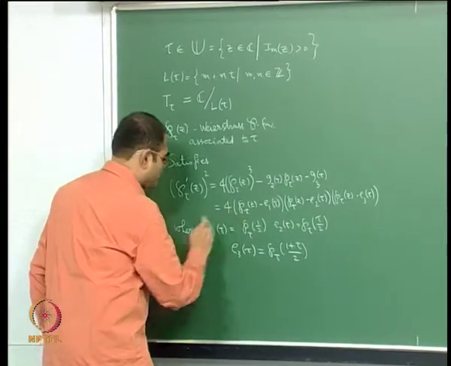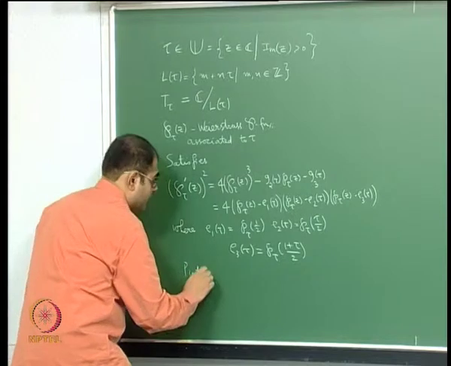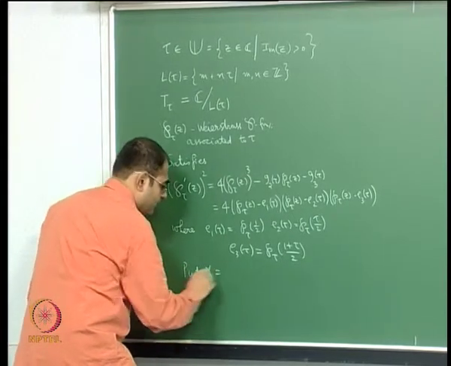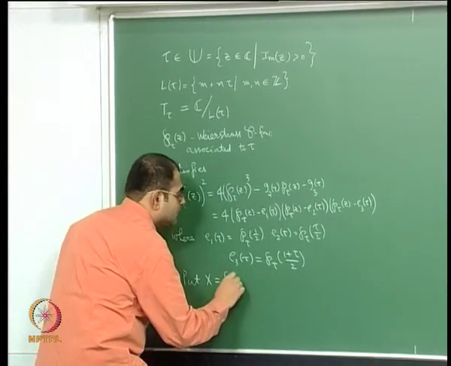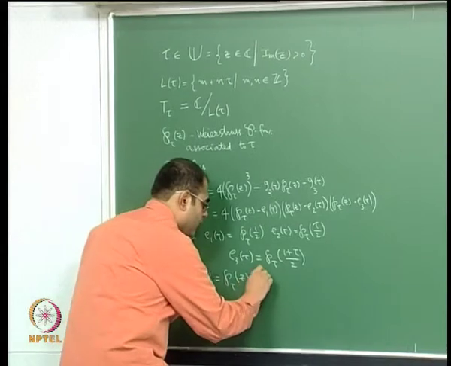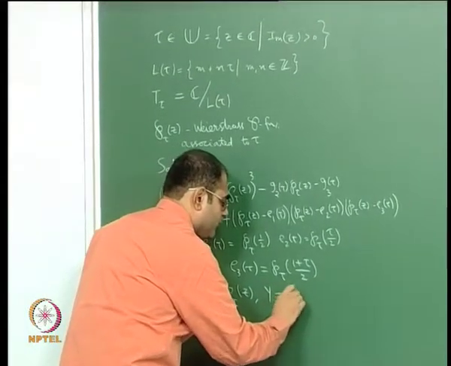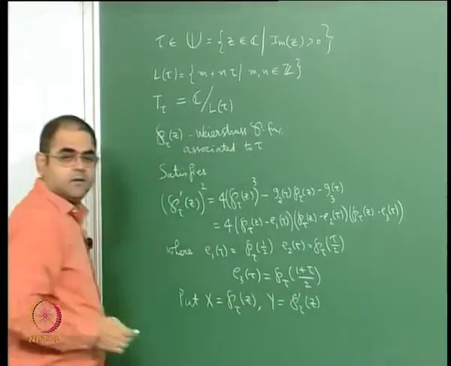So what we will do is we will call the variable x to be P tau of z, okay, and then we will put y equal to P prime tau of z, okay.